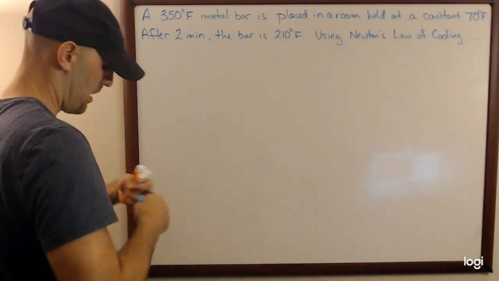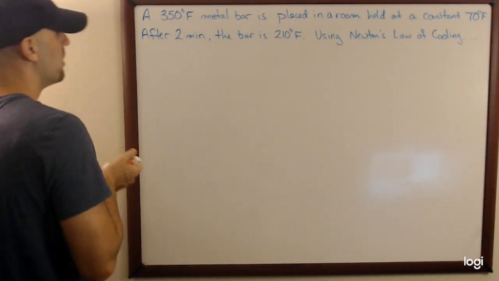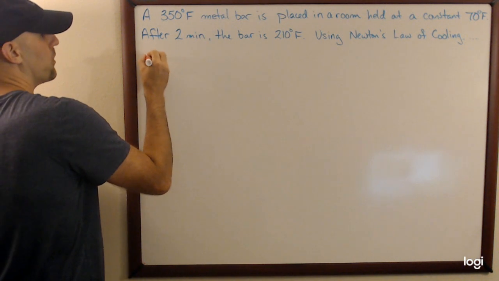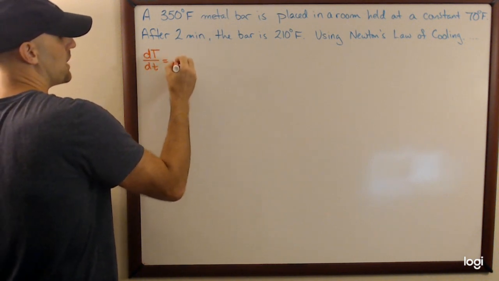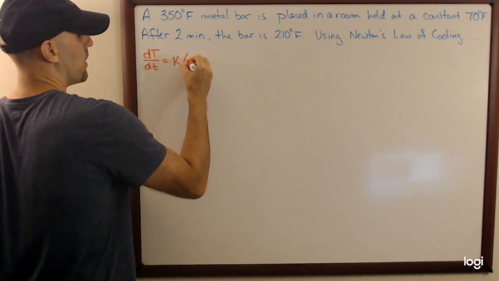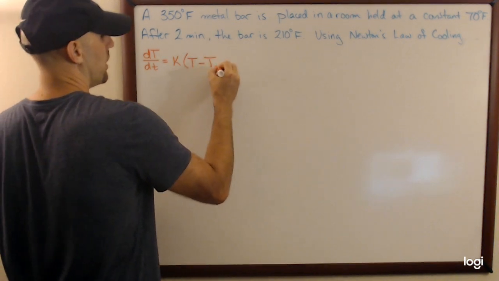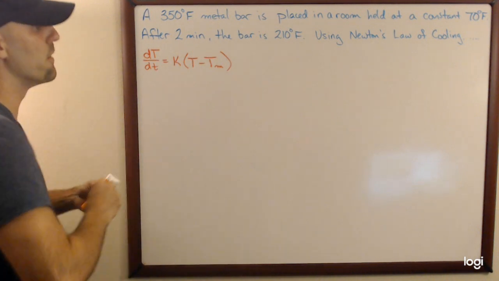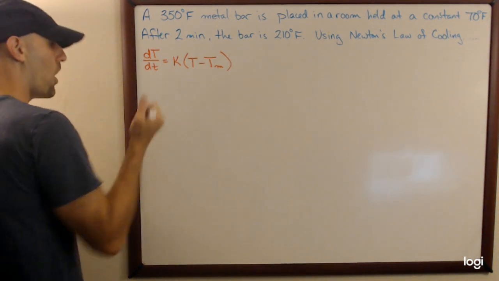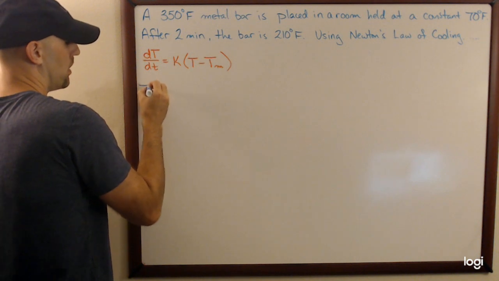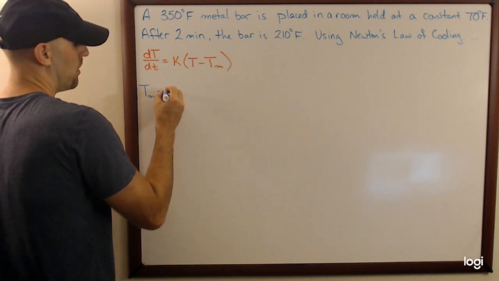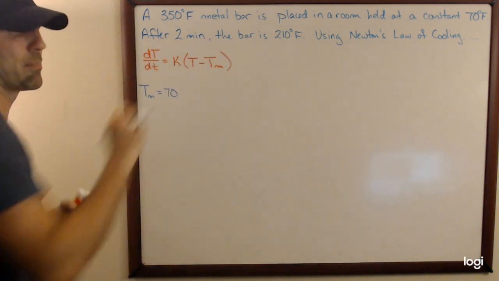Here's my starting model, dT/dt equals k times T minus T sub m, and from my problem I know T sub m is 70. I got that part.